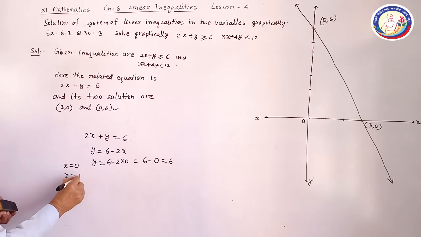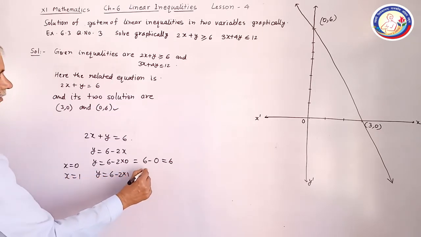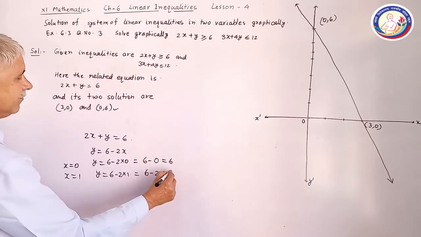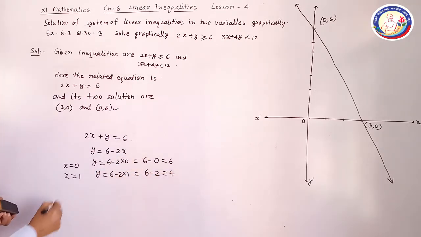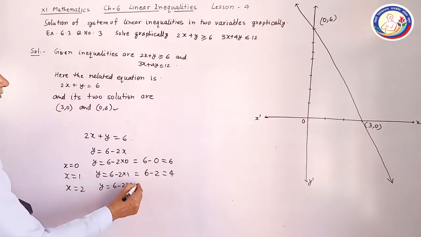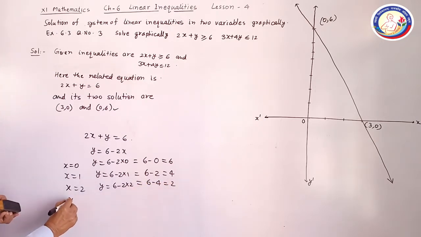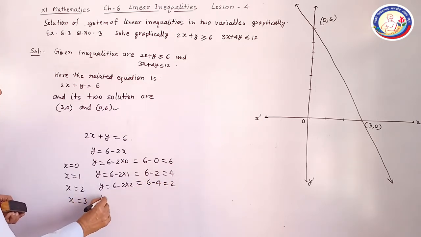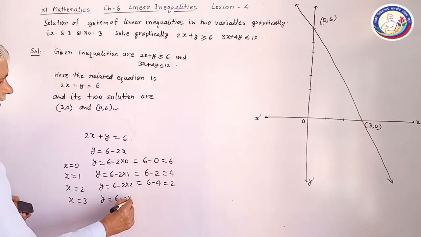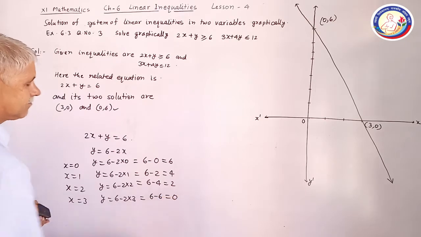X equal to 1, then y equal to 6 minus 2 into 1, that is 6 minus 2 equal to 4. This will be another solution. Similarly, x equal to 2 will give y equal to 6 minus 2 into 2, that is 6 minus 4, which is 2. And x equal to 3, y equal to 6 minus 2 into 3, that is 6 minus 6 equal to 0.